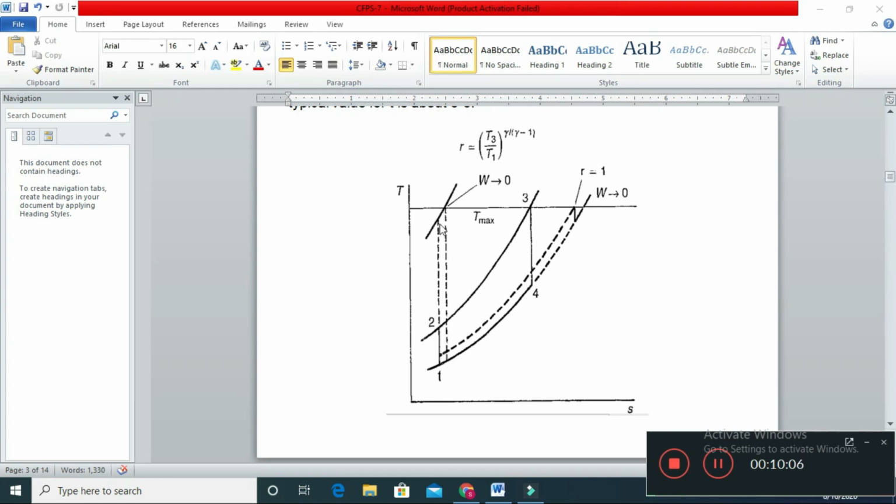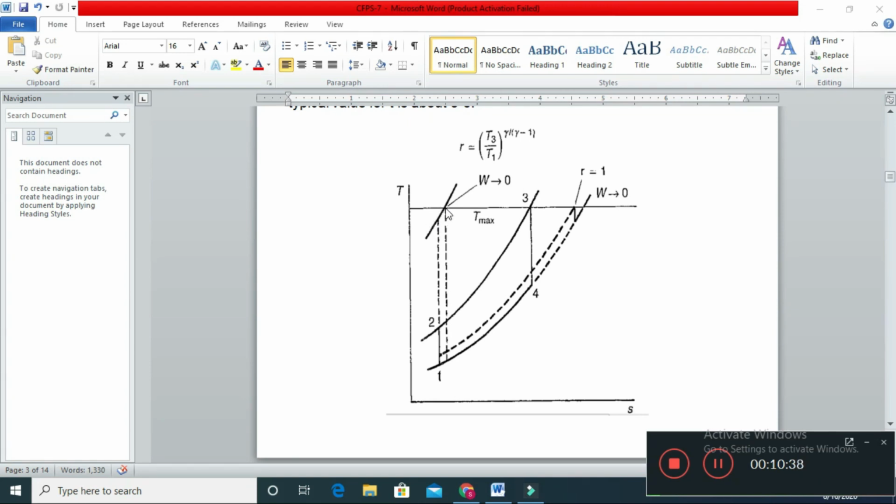This is another type of cycle, another combination of processes for the cycle. In this case also the work done will approach 0. The compression work and the turbine work are more or less the same, so work done is approximately equal to 0. The efficiency can be higher in this case because the heat supplied is also negligible.